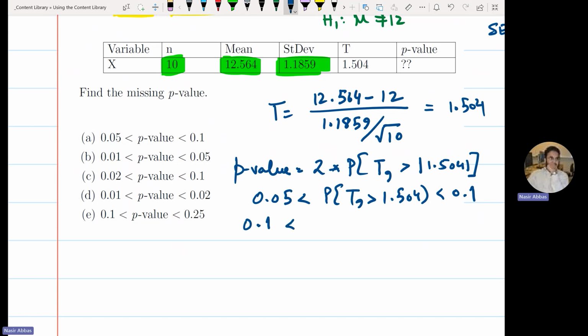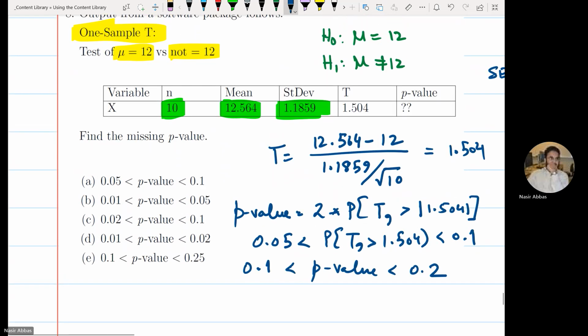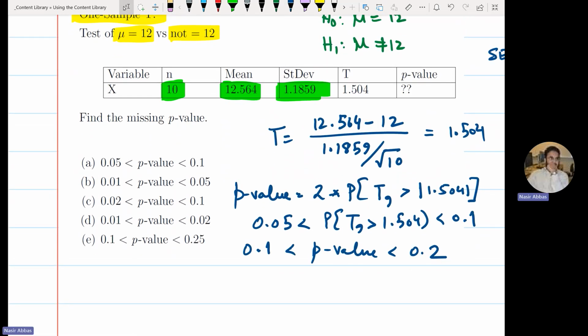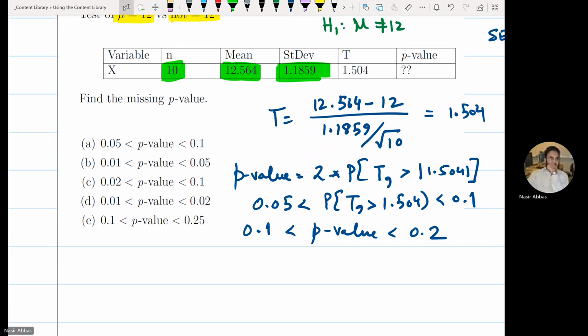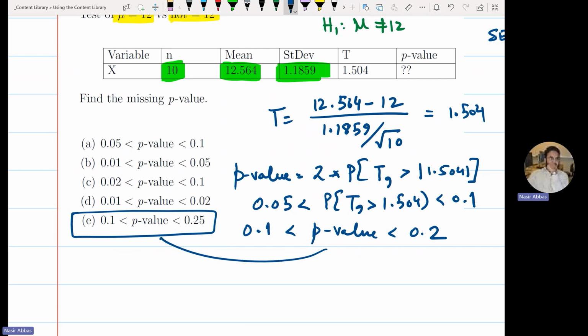Multiply it by 2, which should correspond to something between 0.1 and 0.25. If the p-value is between 0.1 and 0.2, of course, it's between 0.1 and 0.25, right? So it corresponds to this one.